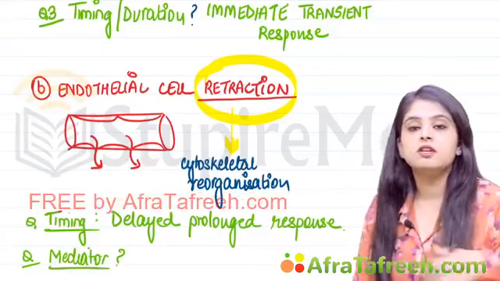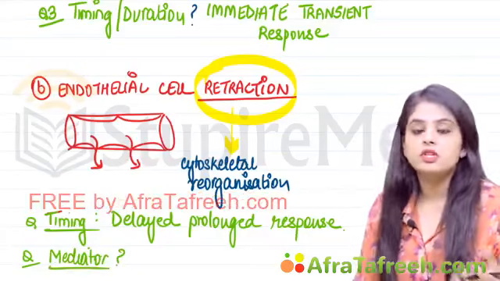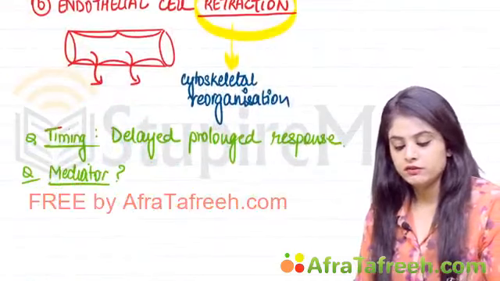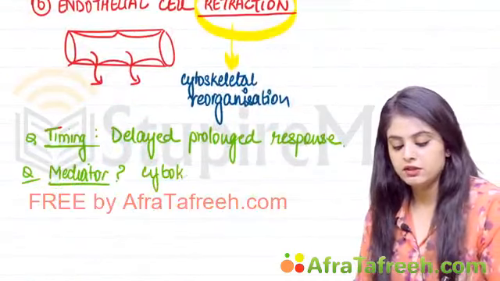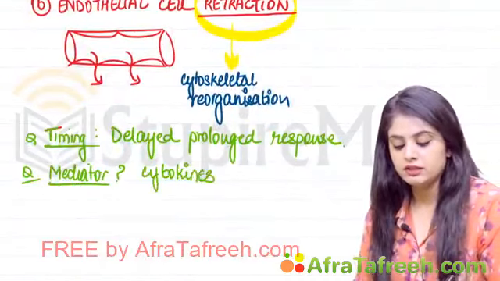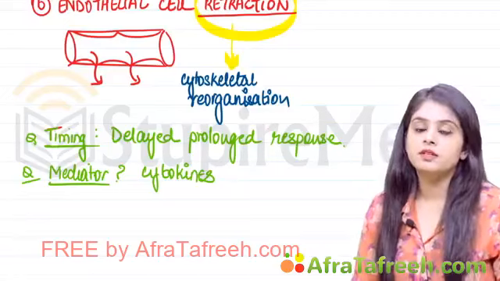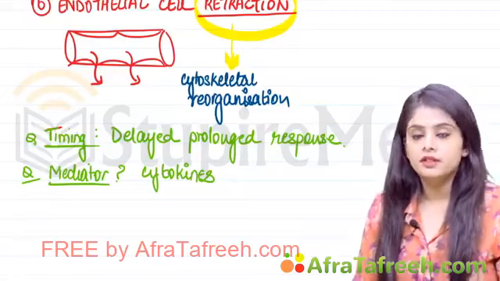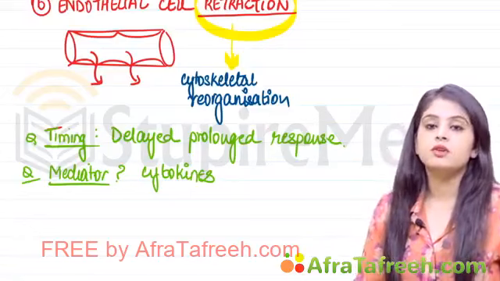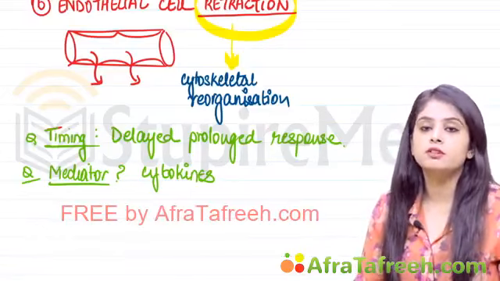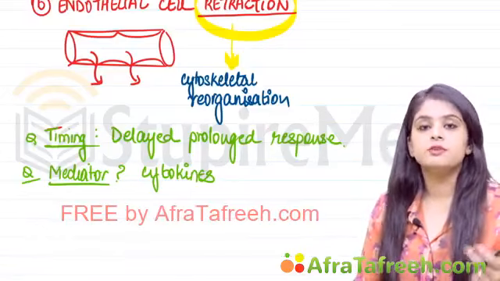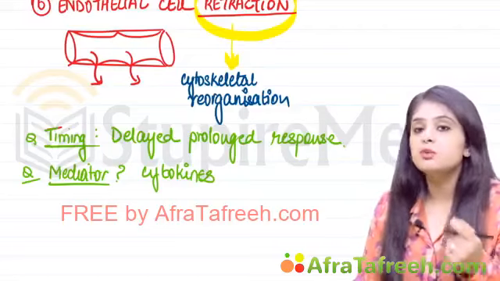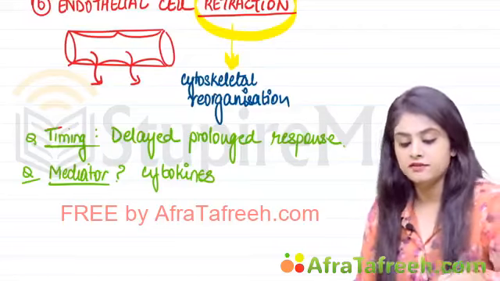Why is the framework of the endothelial cell changing? It is because of the mediator that we will also read eventually, cytokines. What was contraction because of? Histamine. What is retraction because of? Change in framework because of cytokines. So we've done two very important and the most confusing mechanisms that we have.